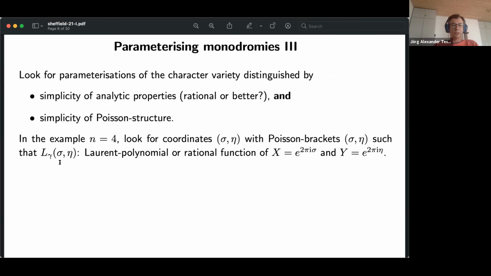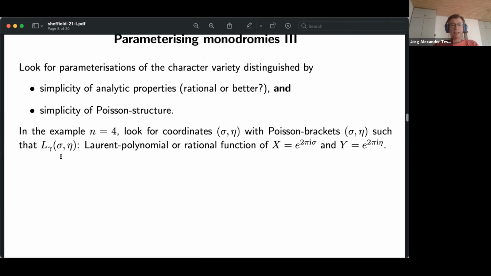So we're looking, for example, here for the trace function parameterized as L gamma of two new variables, sigma and eta, where the dependence on sigma and eta is as nice as possible. So rational or even Laurent polynomial seems to be the best that we can get.